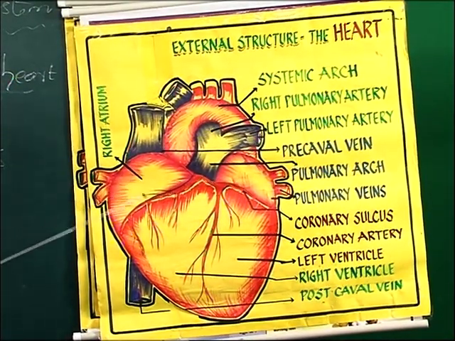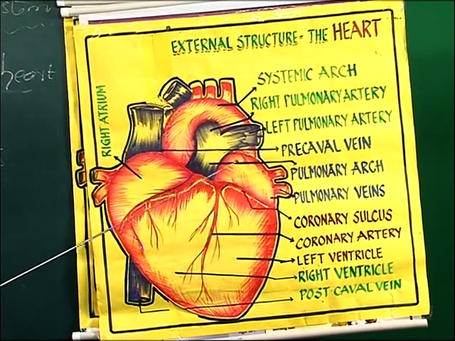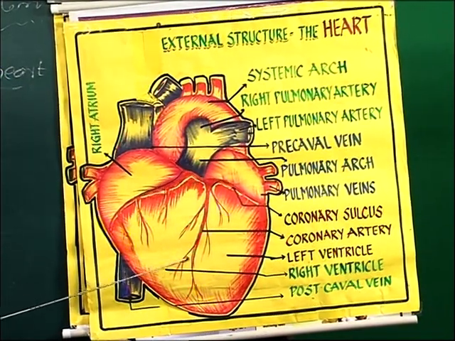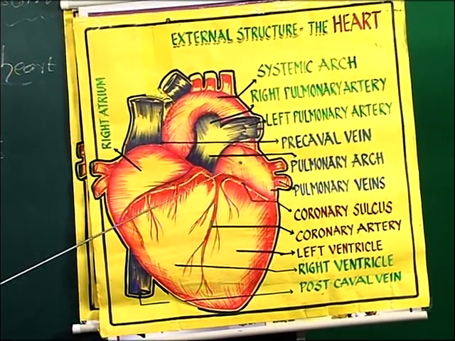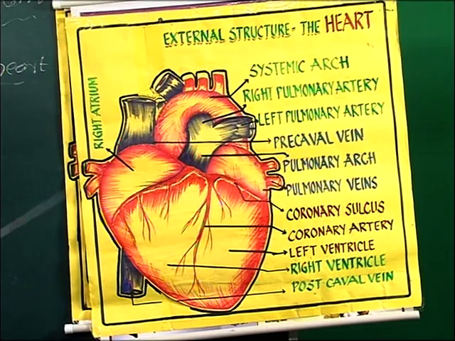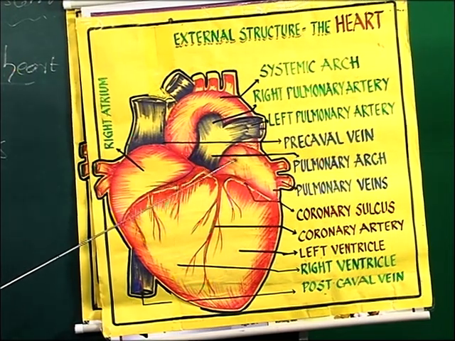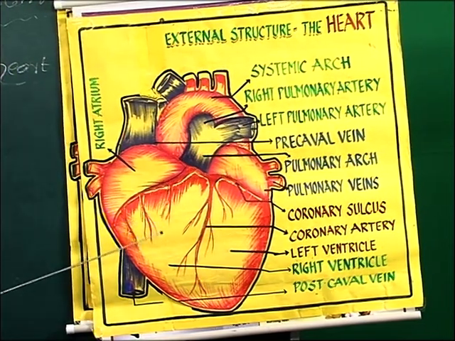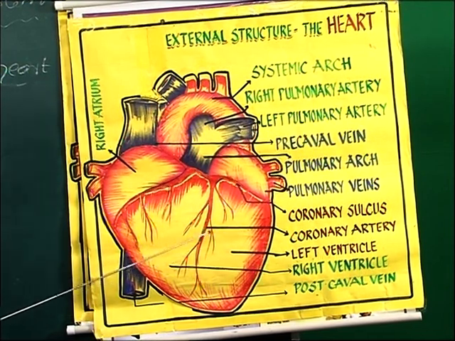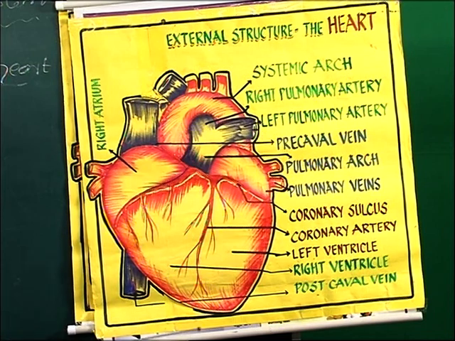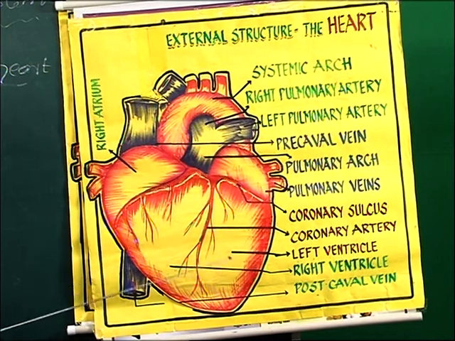You are seeing the atria here, and this is the coronary sulcus. It divides the heart into 4 parts. The upper two are the atria, the lower two are the ventricles. The atria are the receiving chambers, the ventricles are the pumping chambers. These ventricles pump the blood to all parts of the body.